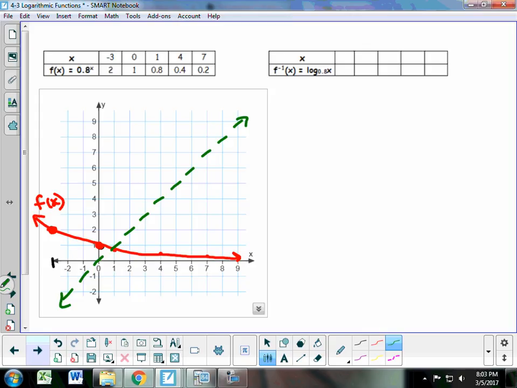So this one's going to be a little different. This is an exponential decay. So let's see what happens with the logarithmic one. We'll reflect all these. So 2, -3, 1, 0, 0.8, 1, 0.4, 4, 0.2, 7.